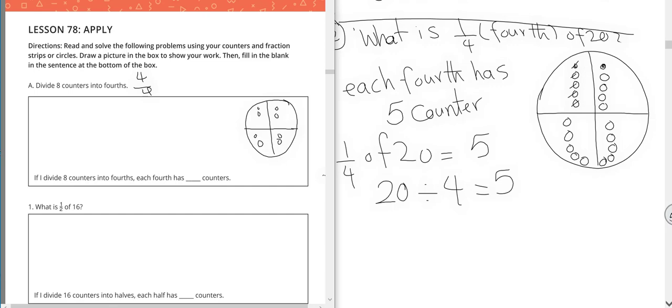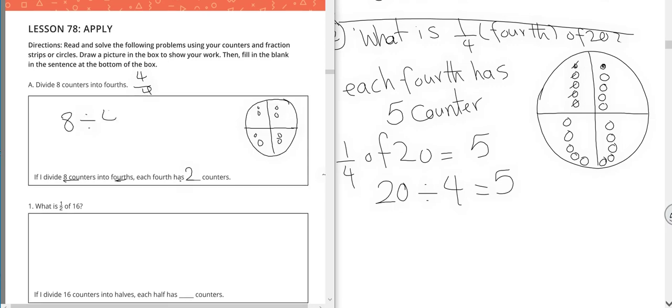If I divide 8 counters into fourths, each fourth has how many counters? 2. We can write it as 8 divided by 4 equals 2.